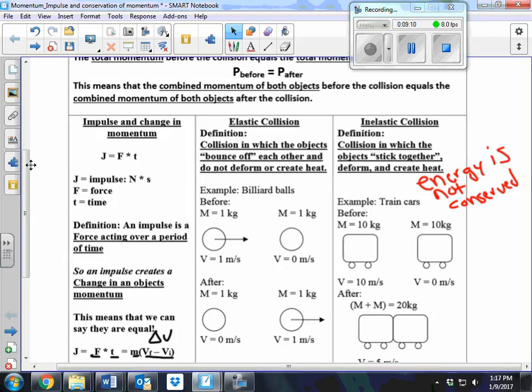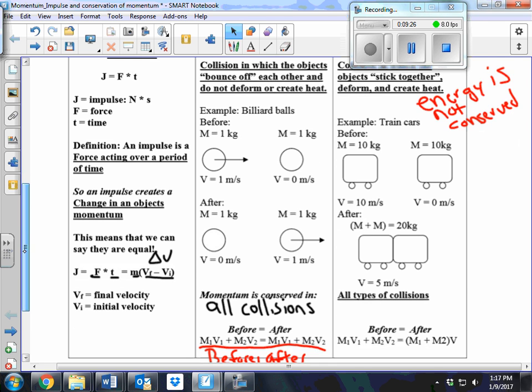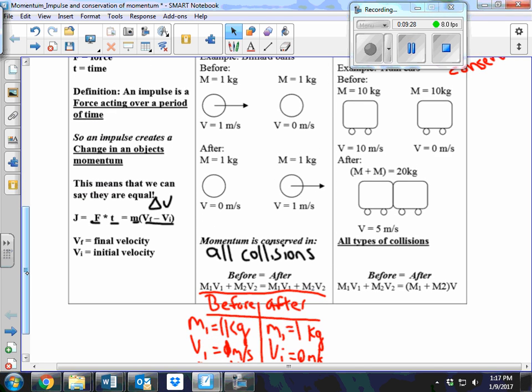So I have 2 train cars, and one train car is moving at 10 meters per second towards another train car that's moving at 0 meters per second. After they collide, they stick together. And then I said, hey, find the velocity after they stick together. Well, the equation modifies a little bit for the after: you just add the masses together.